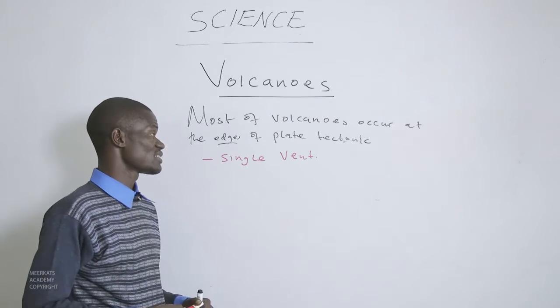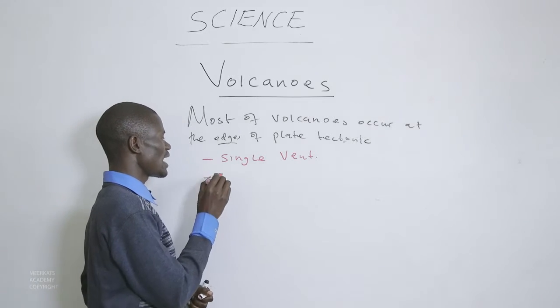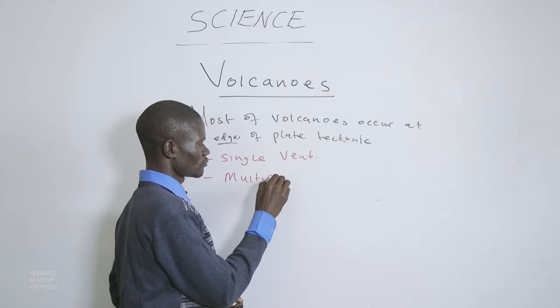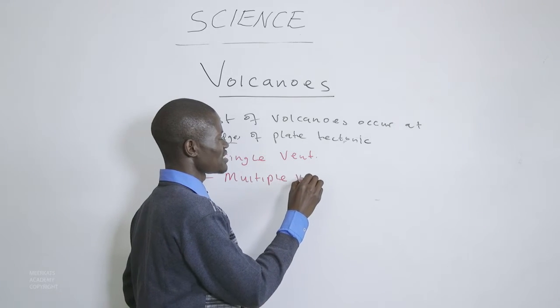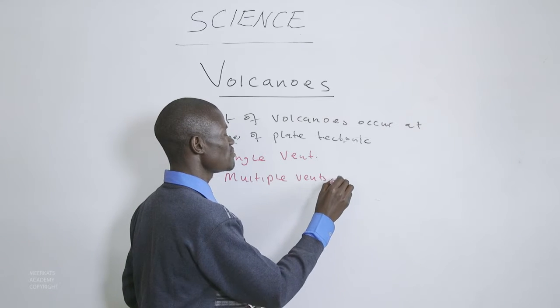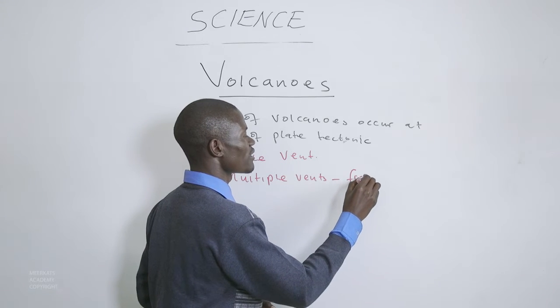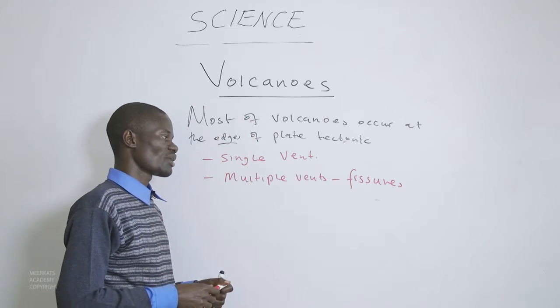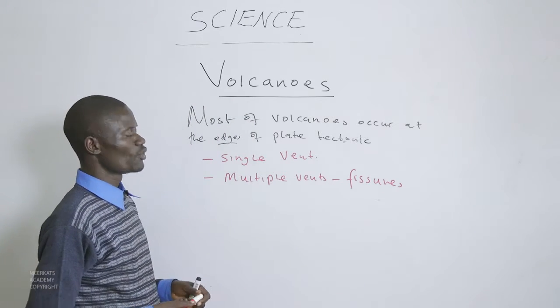Although to some extent, it may also occur through multiple vents. And these multiple vents, we refer to them as fissures because it's more than one.